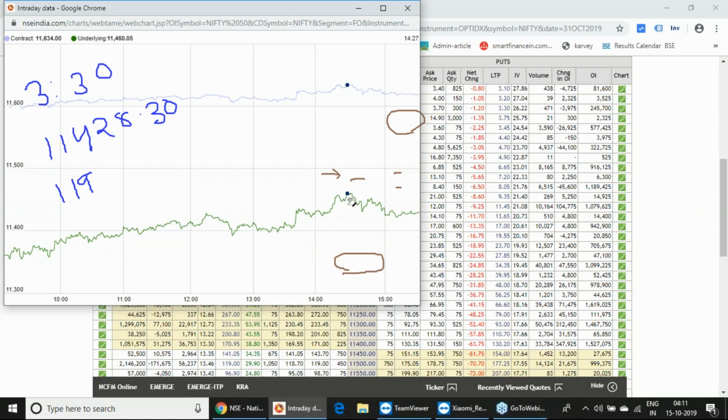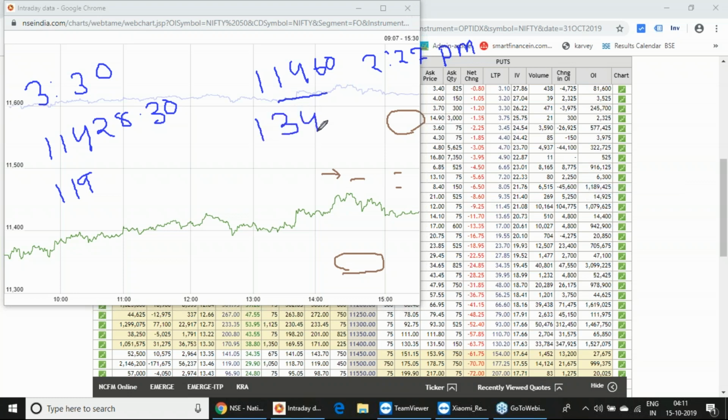So 11,460 came, and at that time the option was trading at 134. 11,460 happened sometime during the day, at around 2:27 PM. At this time the Nifty spot hit 11,460, and that particular time our 11,500 call option was trading at 134. So we got all the information on closing and day's high basis.